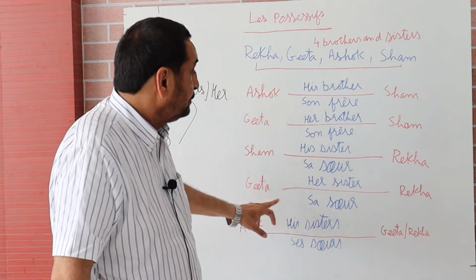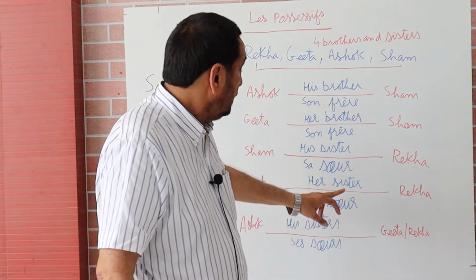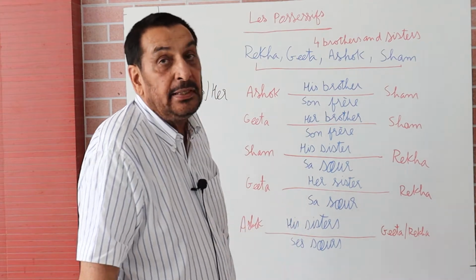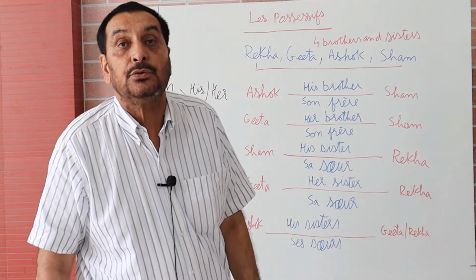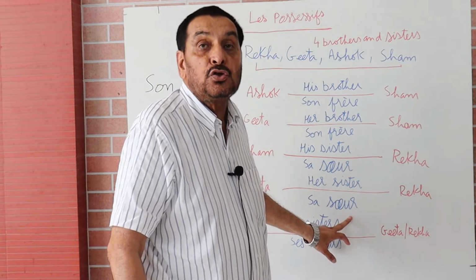Then Gita and Rekha, they are sisters. So we say her sister. In Punjabi we say Odi bhaian. In Hindi uski bhaian. Sa sœur. Sa sœur.